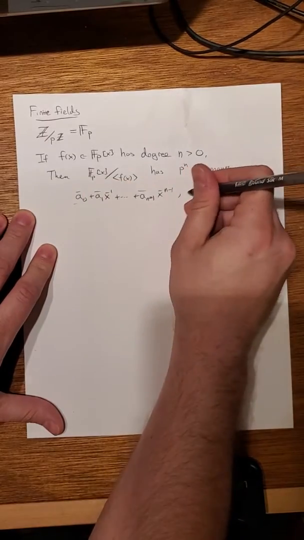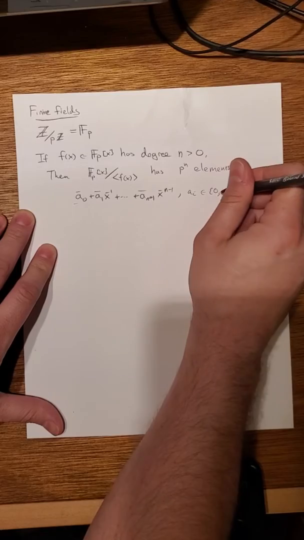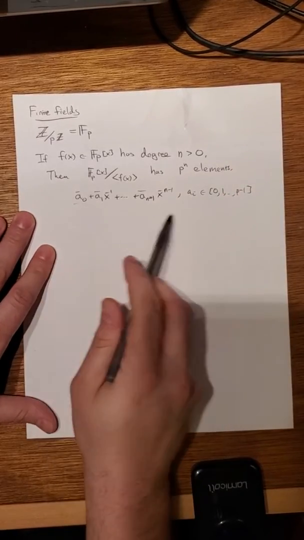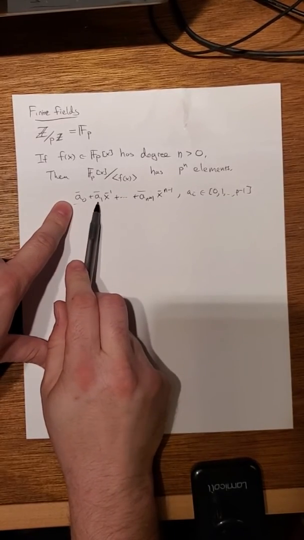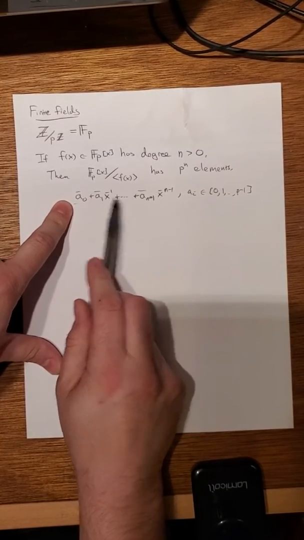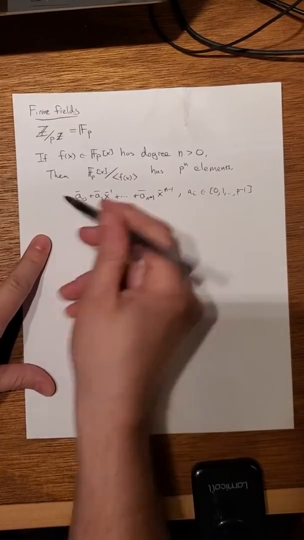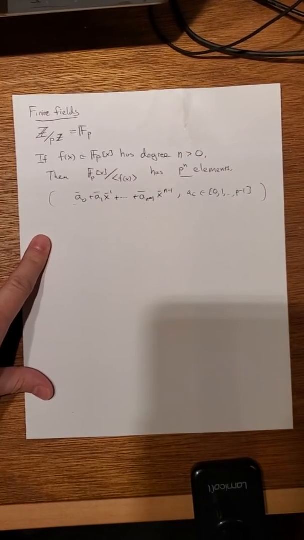And these ai's are just numbers between 0 and p minus 1. And so you can see we have p choices here, all the way through p choices there. We make p choices n times, and so that's how we get p to the n elements. Okay.